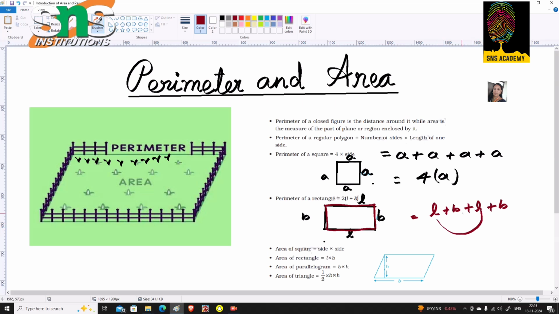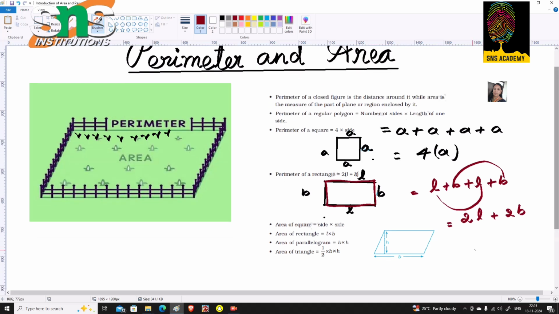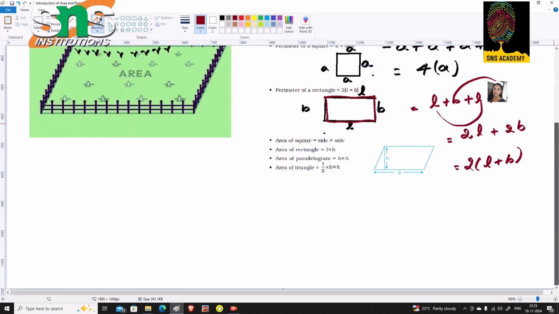So here L and L are like terms, and B and B are like terms. So when you add, we get 2 times L and 2 times B. In this, 2 is common, so when you take it outside, it is equal to 2 times L plus B. So the perimeter of a rectangle is 2 times (L plus B), and the perimeter of a square is 4 times side.